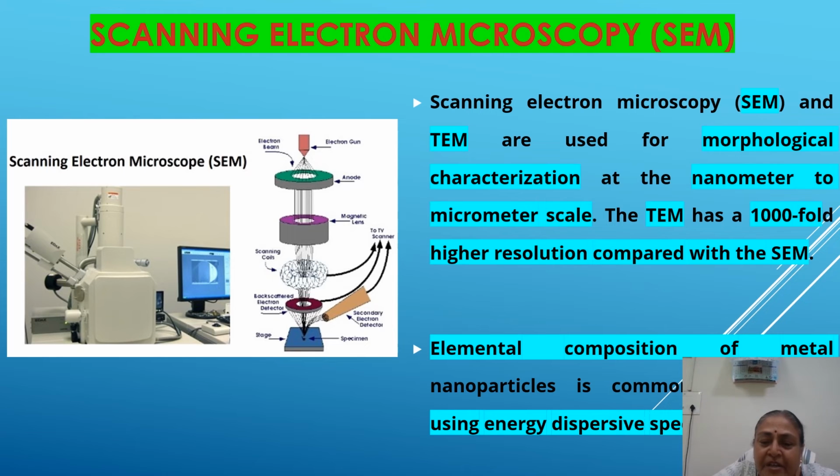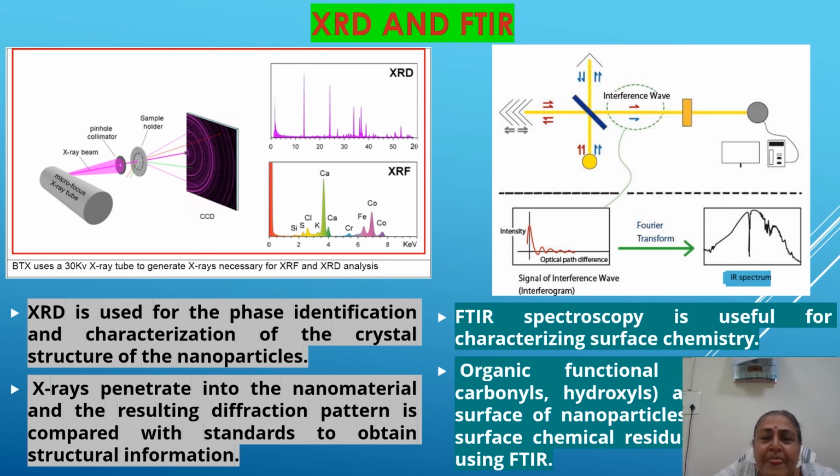Their energies can be measured through EDS. So in this way, XRD and FTIR, as I said, will help in analyzing the crystal nature of the particles and the functional groups associated with the nanoparticles.